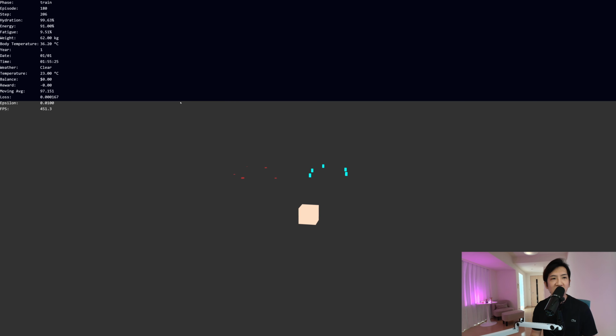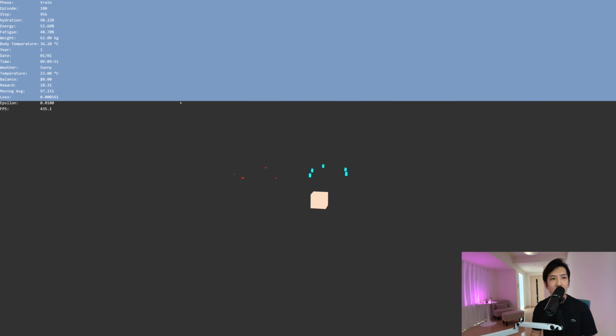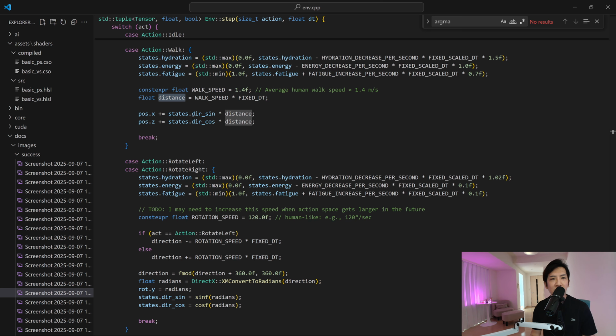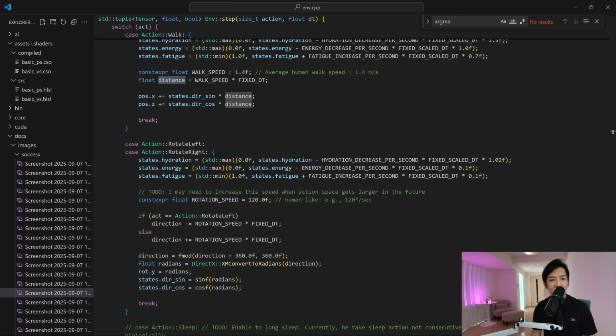To train my AI, I've been using a model called Deep Q Neural Network, aka DQN, and the reason is that my action space is discrete, meaning, for instance, whenever the AI chooses the action walk, the change in distance is always the same because I multiply a fixed walk speed by a fixed delta time, and the same goes for direction, a fixed rotation speed multiplied by a fixed delta time.